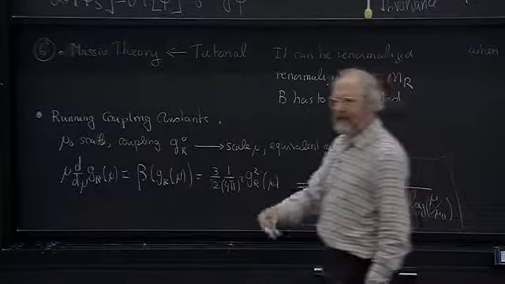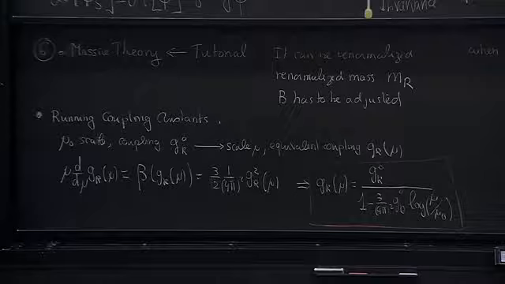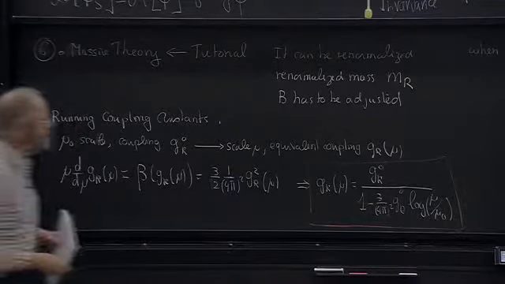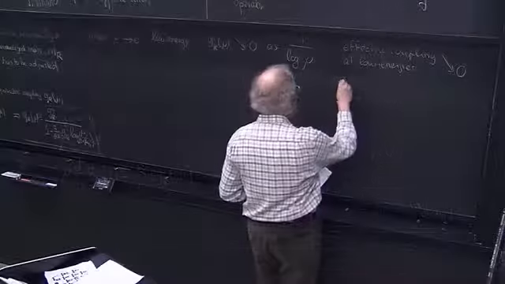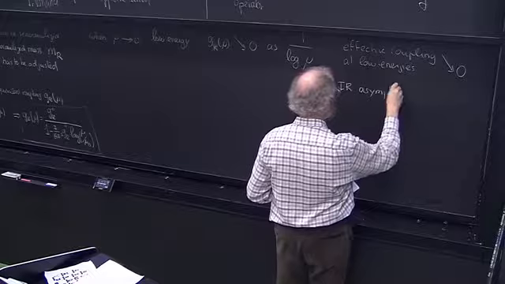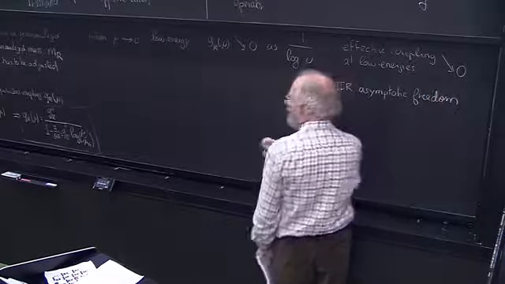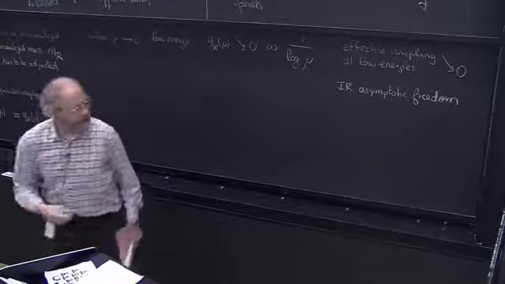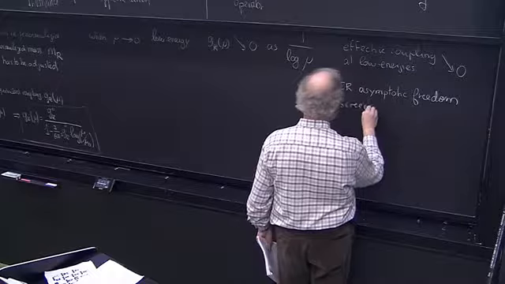The theory interacts less at low energy or large distance than at high energy. So this is often called infrared asymptotic freedom. And it's related to a phenomenon in physics, which is the phenomenon of screening.